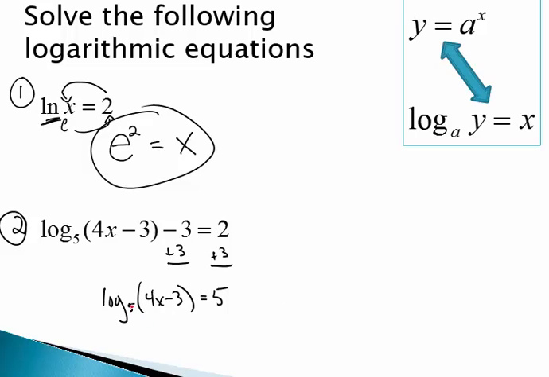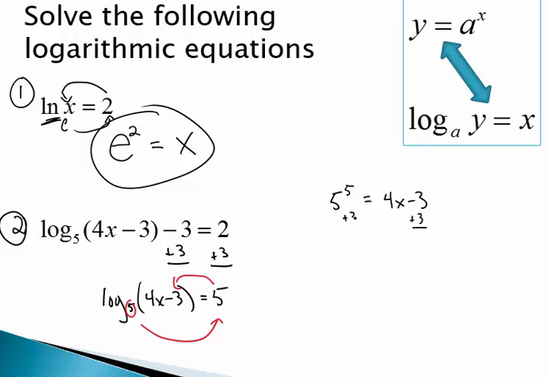Start with the base, raised to the power, and it's going to be equal to that, right? So that's going to be 5 to the 5th equals 4x minus 3. We could raise 5 to the 5th, but that's a big number, so I'm going to leave it as is.